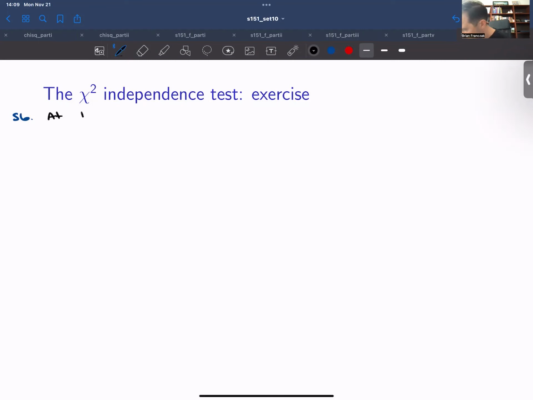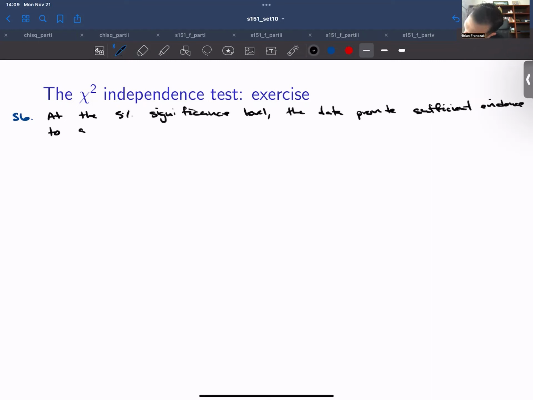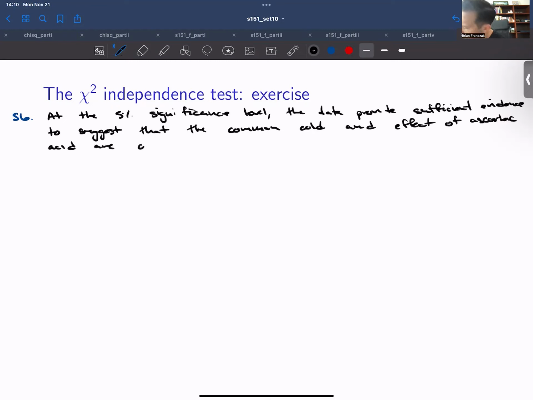So we would say at the 5% significance level, the data provide sufficient evidence to suggest that the common cold and the effect of ascorbic acid are associated.